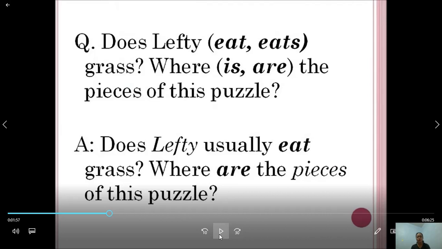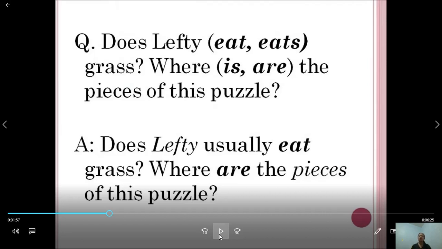Then, where are the pieces of the puzzle? Pieces of the puzzle is the subject, which is in the plural form, so it requires a plural form of the verb.